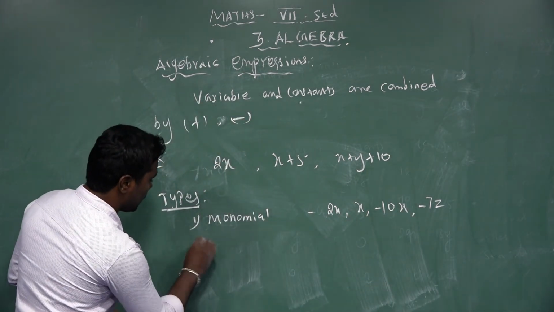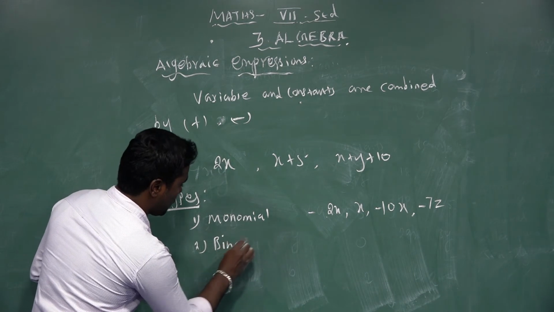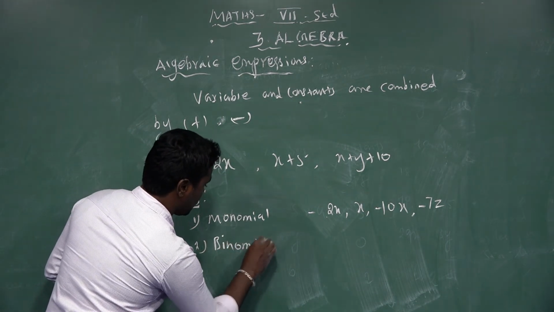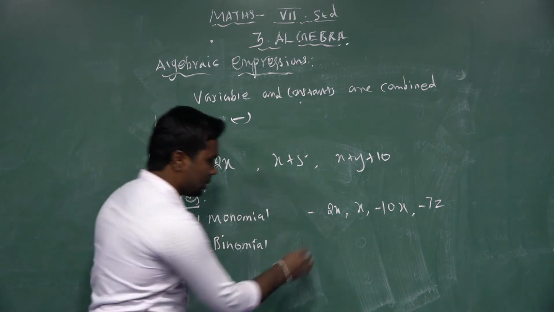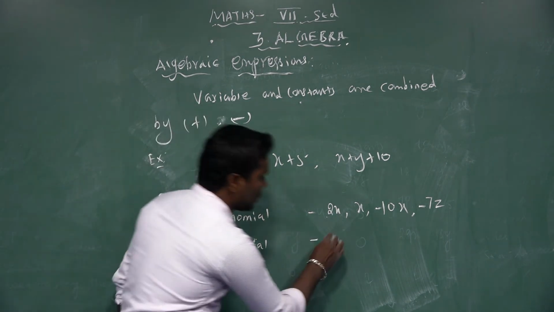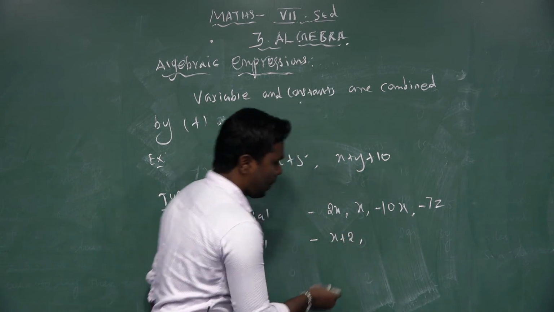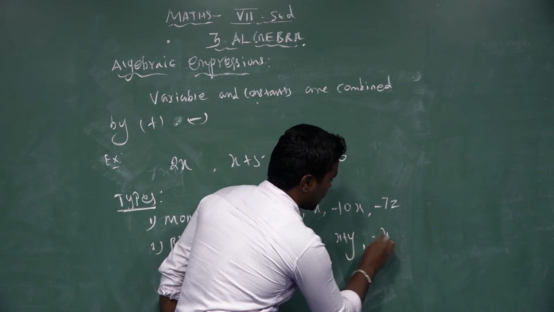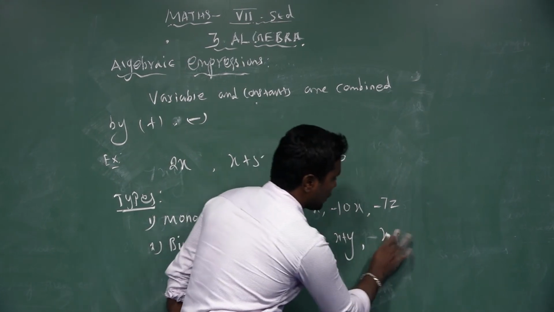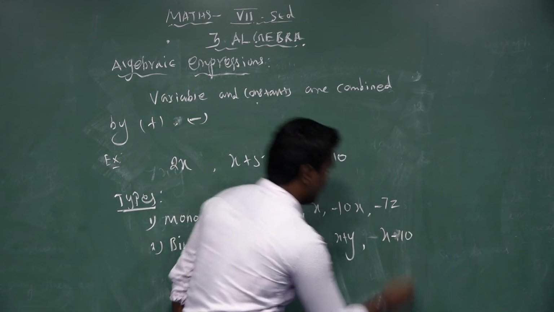The second one is binomial. An algebraic expression with two terms is called a binomial. For example, x plus 2, x plus y, and x minus 10.